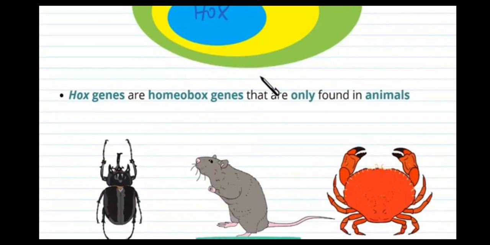So these sequences are conserved, and because of them the similarity in the organization of animals is seen. So Hox genes are homeobox genes, and Hox genes are found only in animals. Hox genes are responsible for the structural organization of the animal.